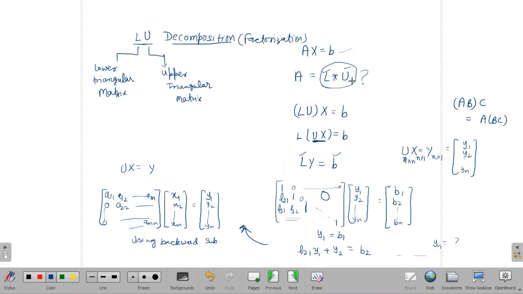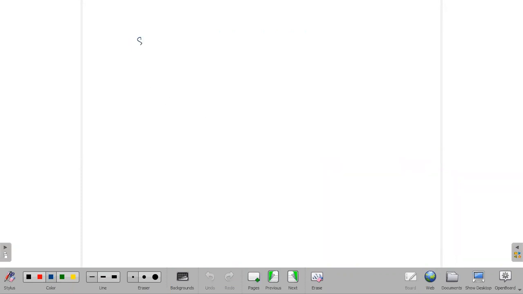So just use simple Gauss elimination on the A matrix. Then it will reduce the matrix into the upper triangular matrix. So that will give you U matrix. That will be your U matrix. Means what is your first step?